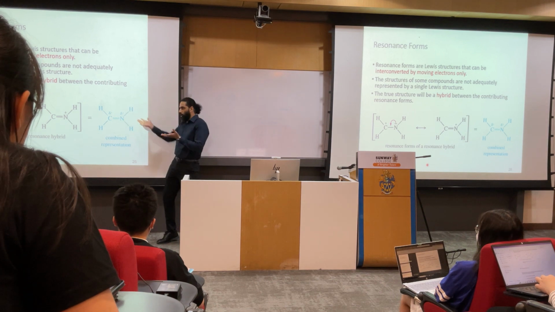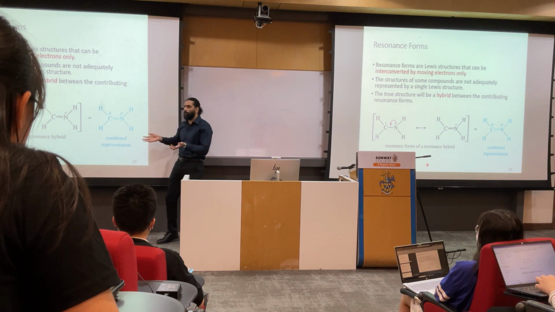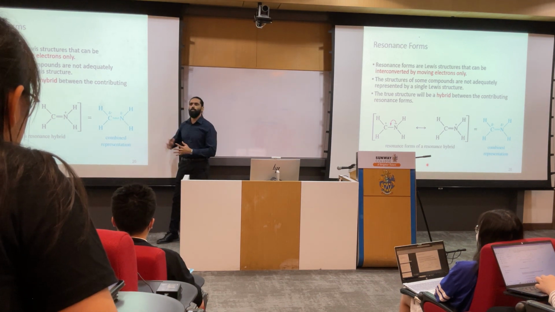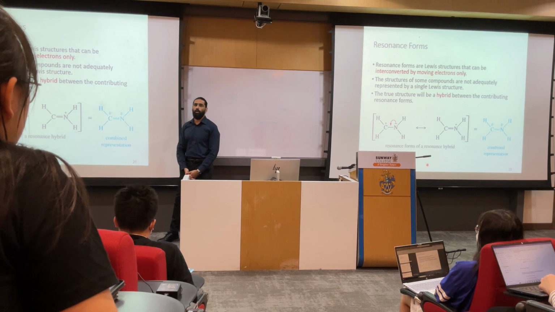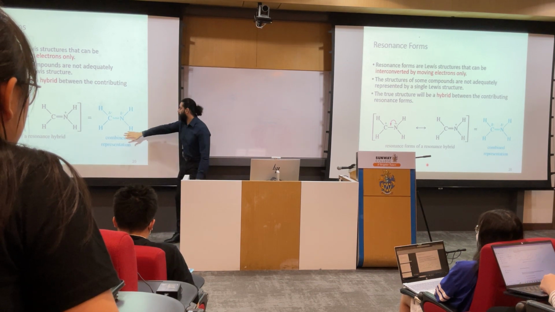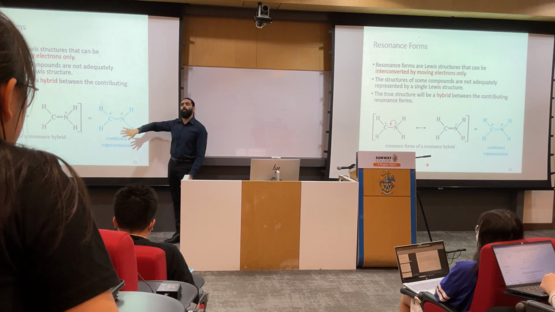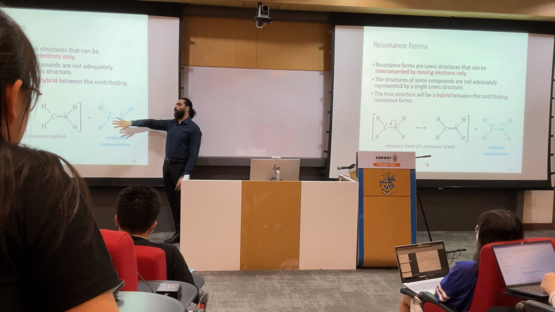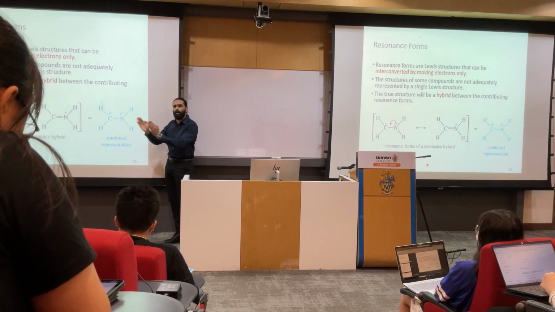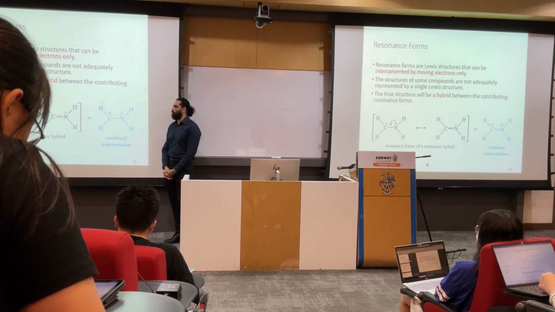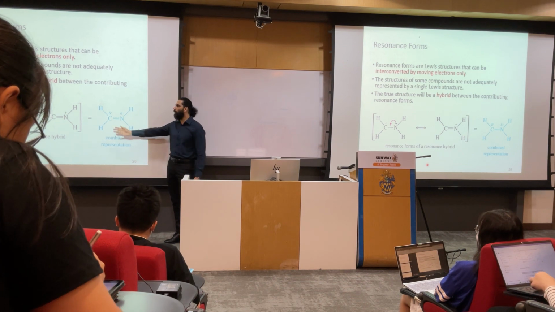It's there and it's not there as well. So somewhere between single bond and double bond you will see the structure of that compound. So this is the combined representation or the hybrid representation, the representation which is nearer to the actual structure of the compound.